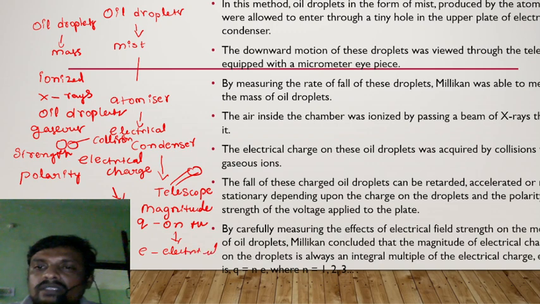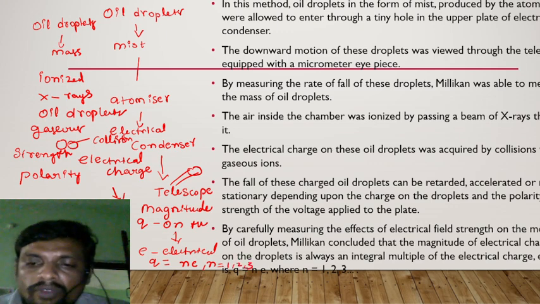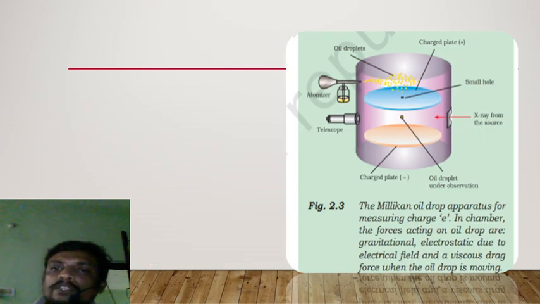In this experiment, q equals n e, where n equals 1, 2, 3. Finally, what is his conclusion? I will explain later on.